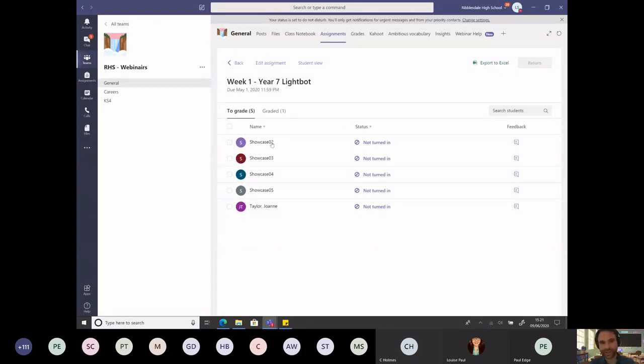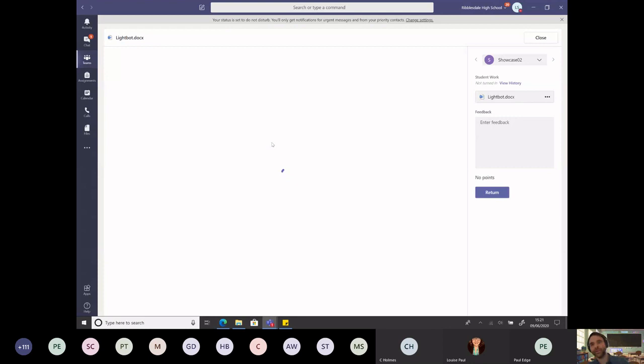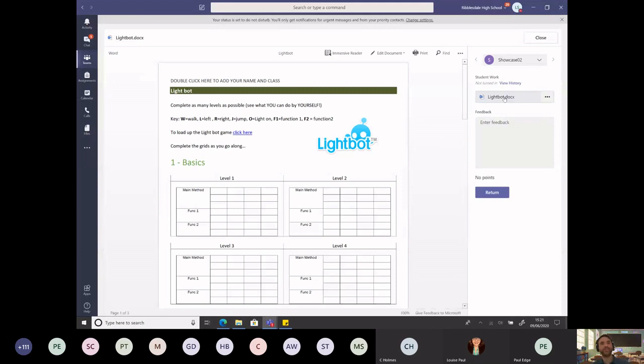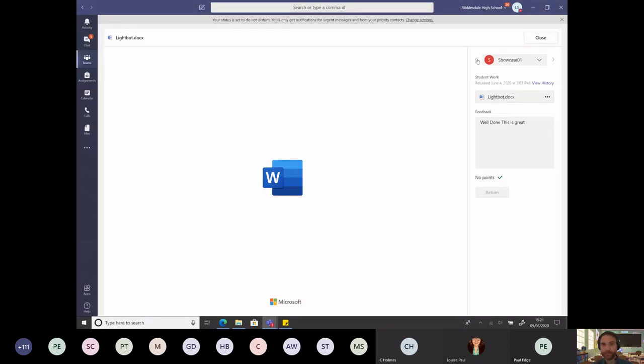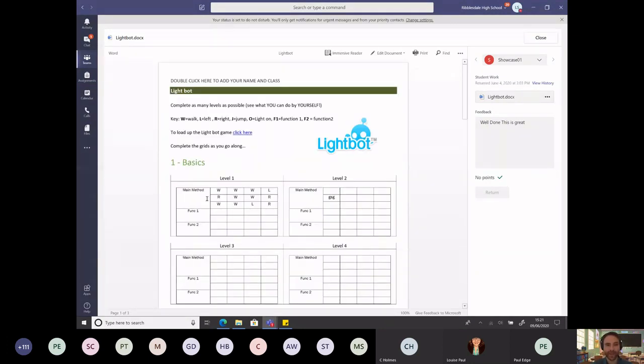And if I click on it, what you will notice is that this is a worksheet that I've sent out to students, called Lightbot. It takes a little moment, okay, because this is connecting to their OneDrive. And I can actually physically see the students' work. At the moment, Showcase 2 has not done anything. I can go to Showcase 1, which is the next one along, and I can see that this student has started to complete their work.